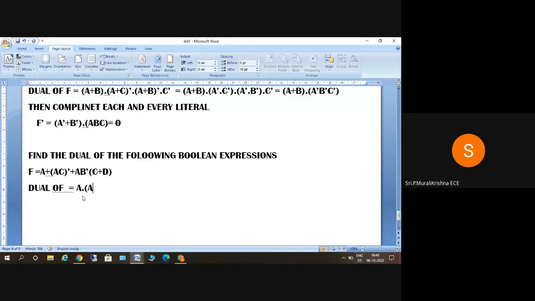Yeah, that is complement only. Yeah. So we have A bar plus C bar there. So what I'll be doing here is A bar into C bar. We'll get it as, or else I can write it as A plus C whole bar plus AB bar.